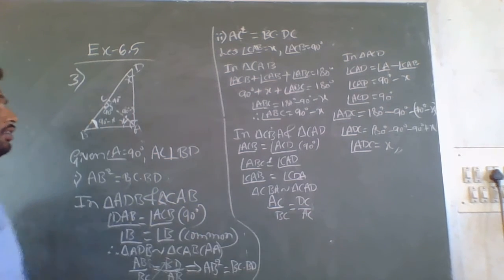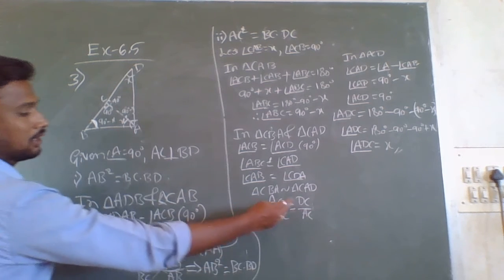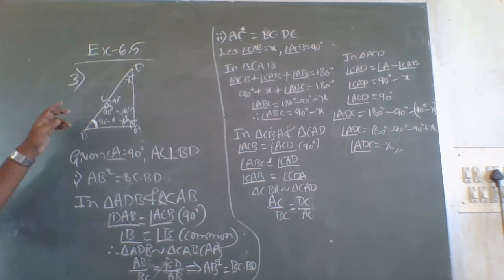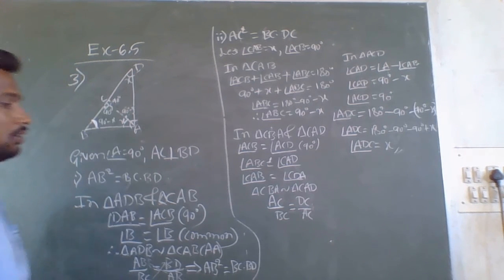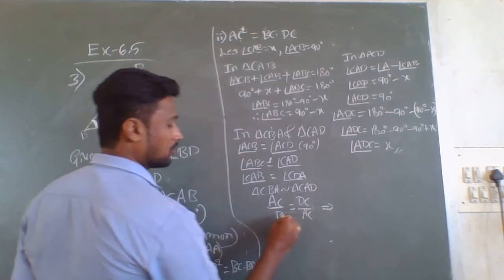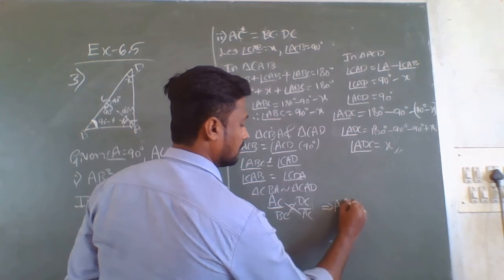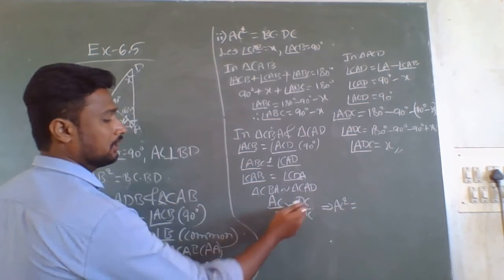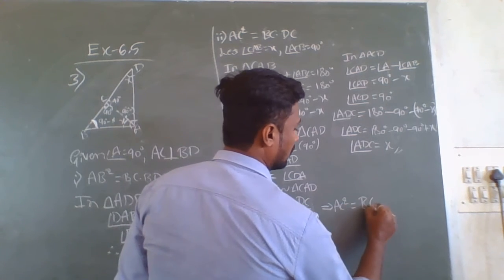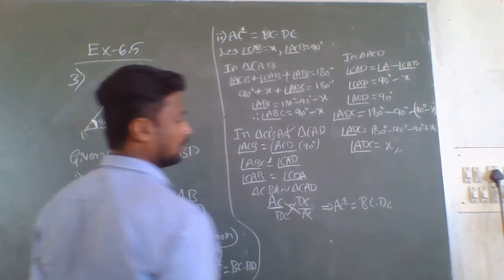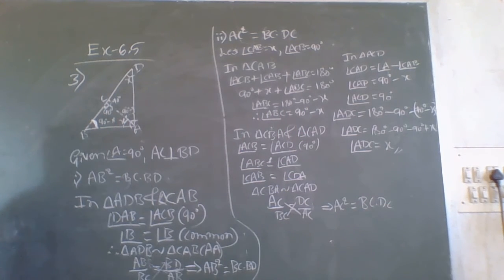These two sides are proportional in triangles CBA and CAD. When you cross multiply, AC square is equal to BC into BC. So this is the second problem.